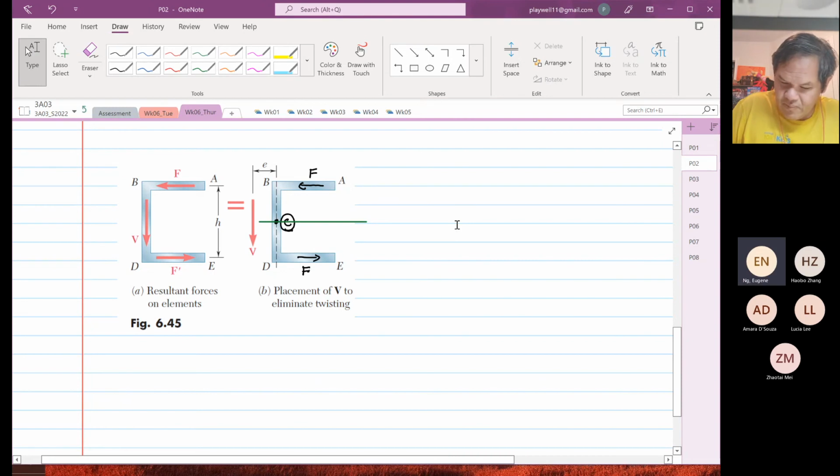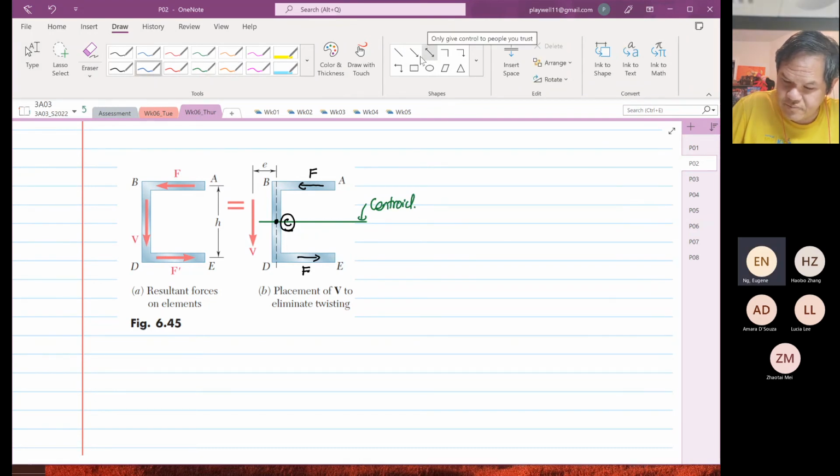That is the centroid, and we're going to call a distance to F.